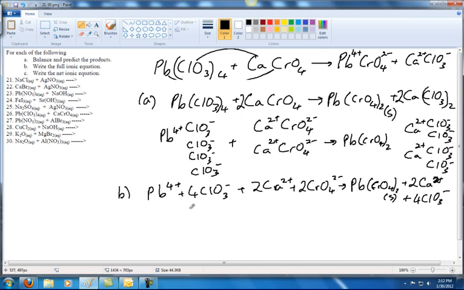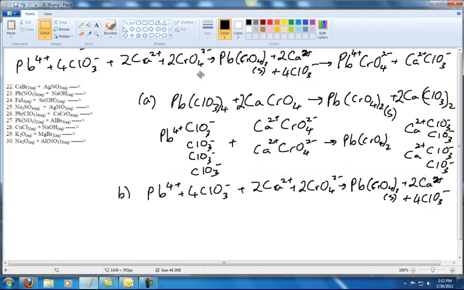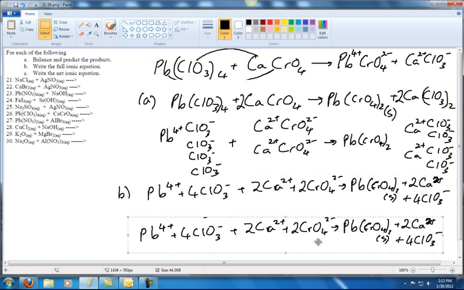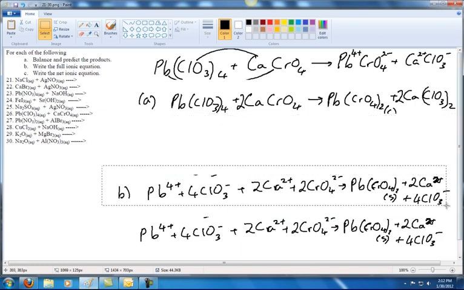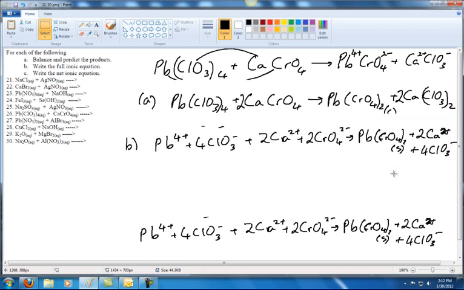Now what I'm going to do is show the net ionic equation here, and again I will copy this. And I'll bring it down here, and this will be for part C. I'm going to go ahead and erase this part of it, bring this back up. There we go.